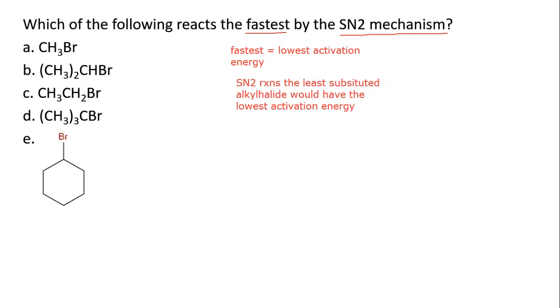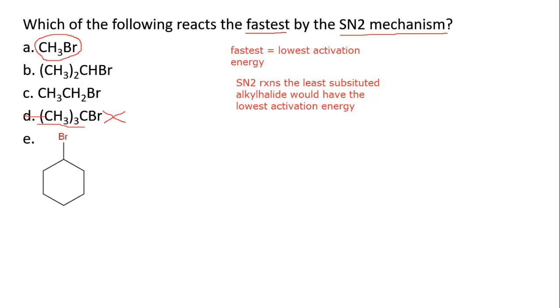So we look over here, the least substituted, well, A is a methyl halide, so it would be the least substituted alkyl halide, which would have the lowest activation energy, which would be the fastest SN2 mechanism. Now D would not undergo SN2 at all because it's a tertiary alkyl halide.